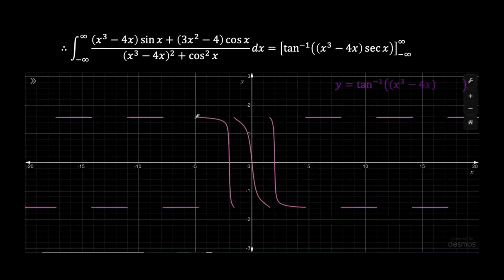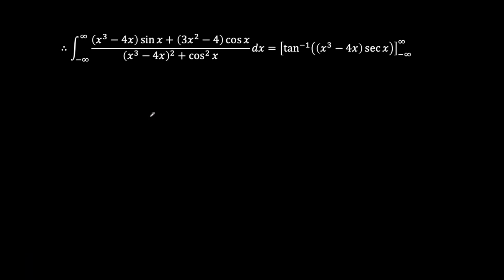As you can see, from that positive infinity, we see it go down from pi over 2 positive to negative pi over 2. And then that process repeats. The 0 crossing is maintained whenever x cubed minus 4x is 0. The arctangent of 0 is going to be 0. And then for the rest, we see the stepping away, like negative pi over 2, positive pi over 2.